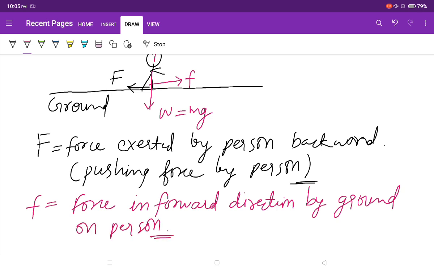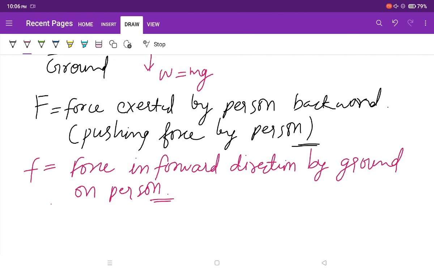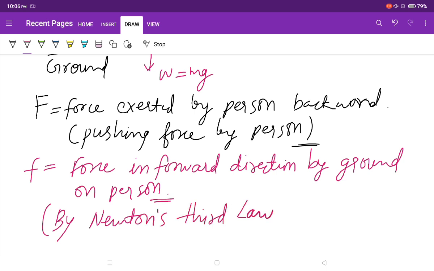So what is small f? It is the force acting on the person by the ground in the forward direction that pushes the person forward or allows the person to walk. And this is by what? By Newton's third law, right?